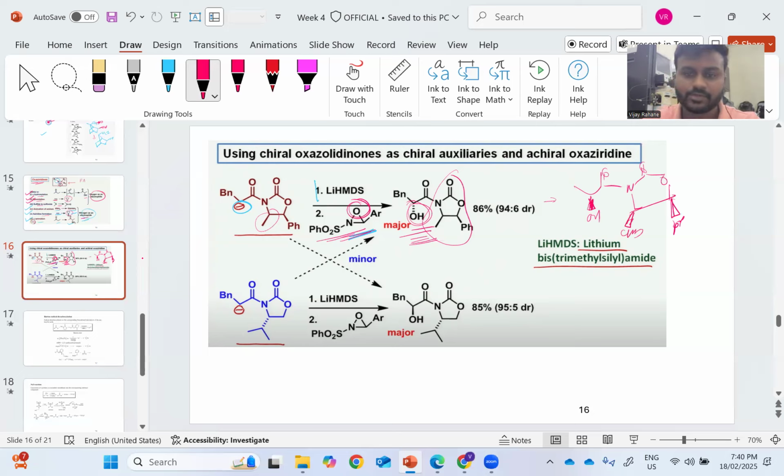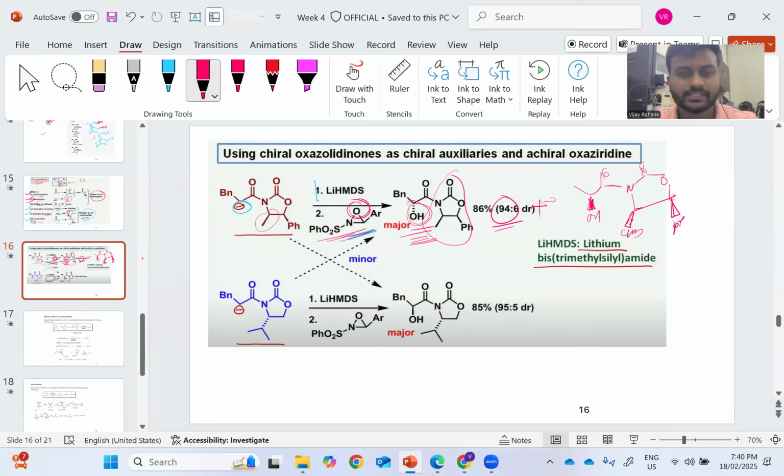This will definitely be the minor product among these two. And the diastereomeric ratio is also mentioned here: 94 to 6. So that's the diastereomeric ratio in this case.